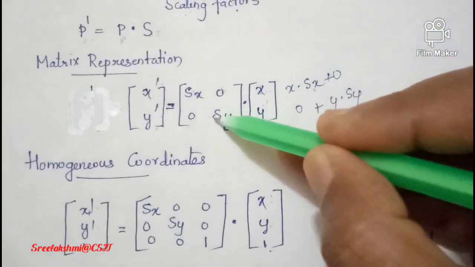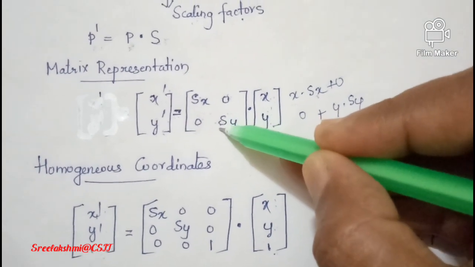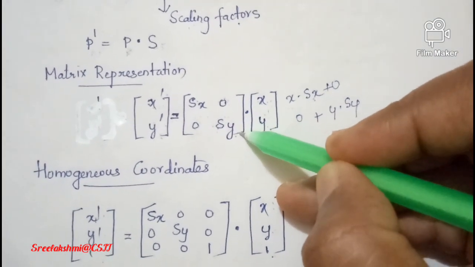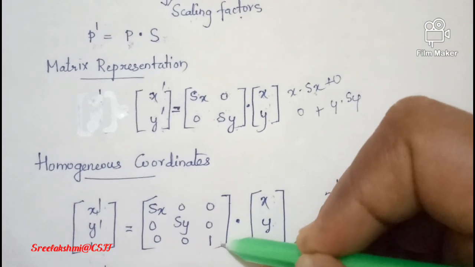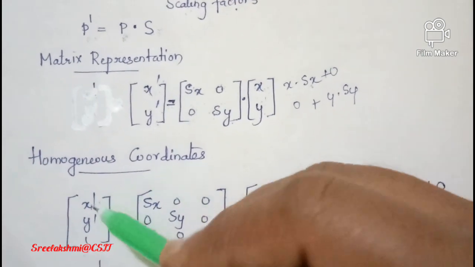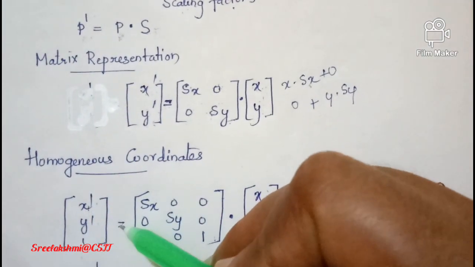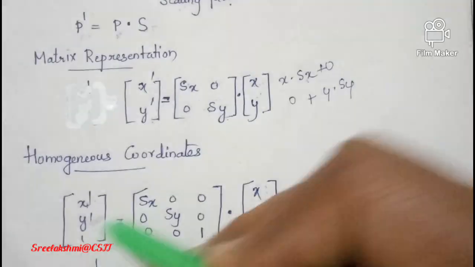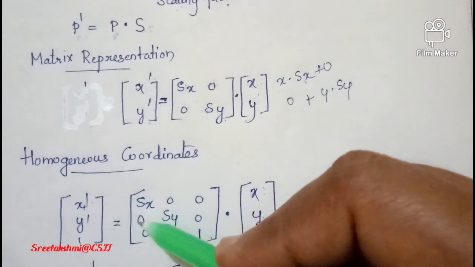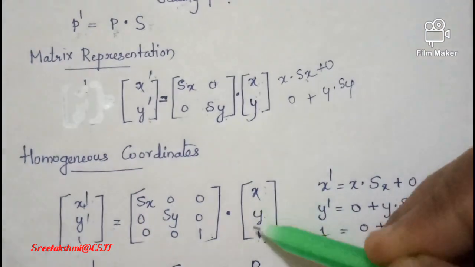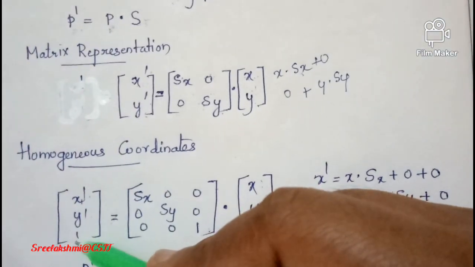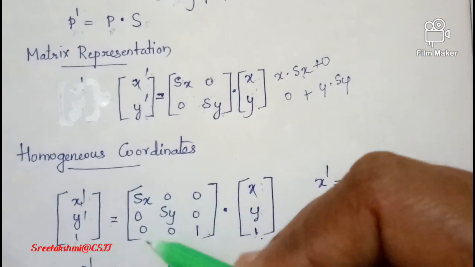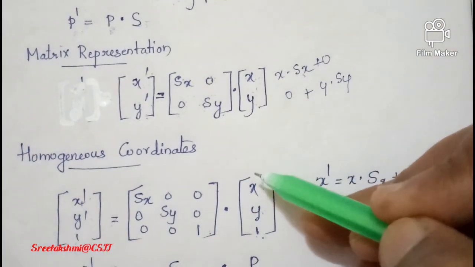Now comes this scaling matrix. Remember, this is a 2 by 2 matrix, and now I am going to write a 3 by 3 matrix. So x dash can be obtained when the first row is multiplied by this column. Y dash can be obtained when the second row is multiplied by this column. And the third value 1 can be obtained when the third row is multiplied by this column.